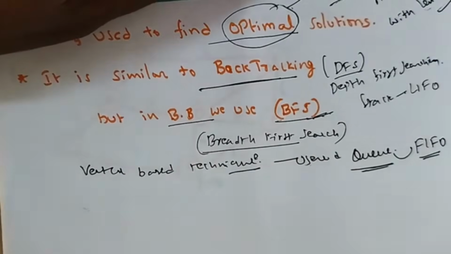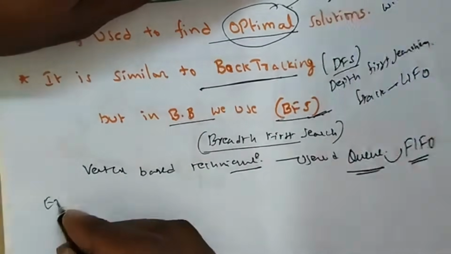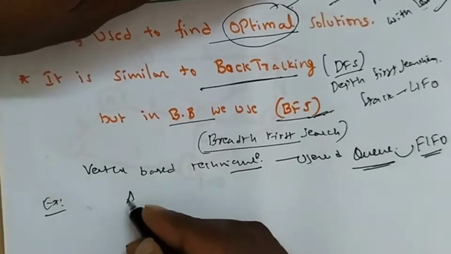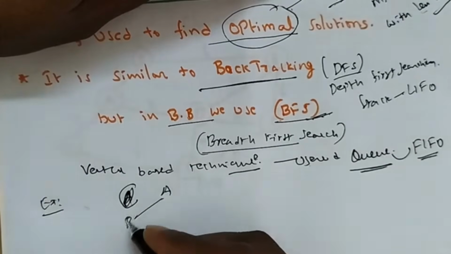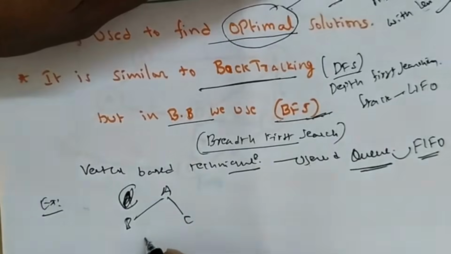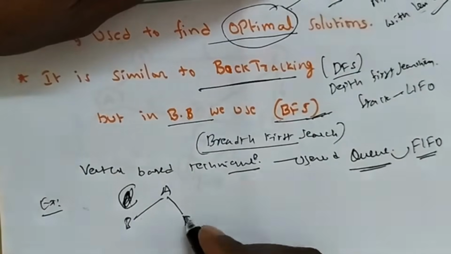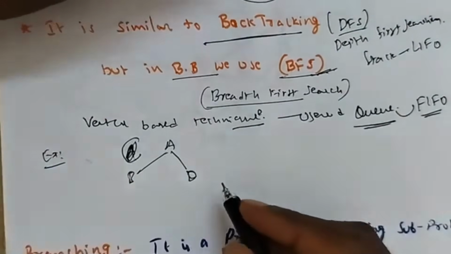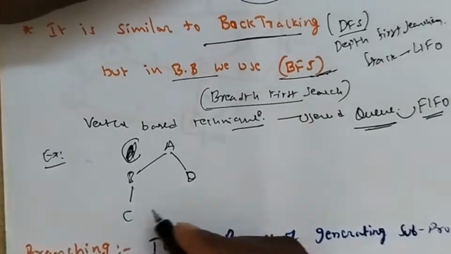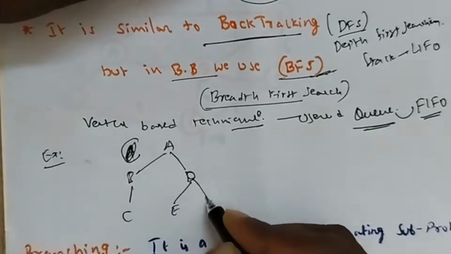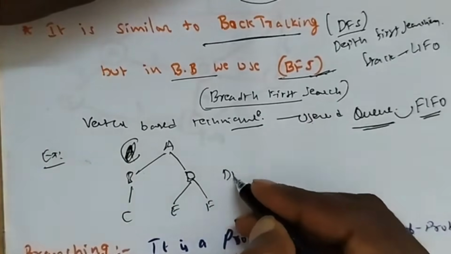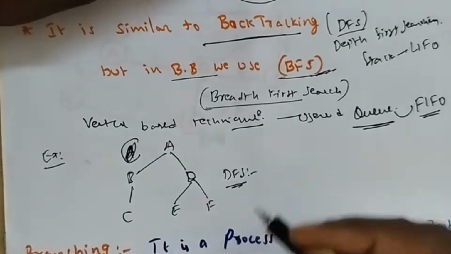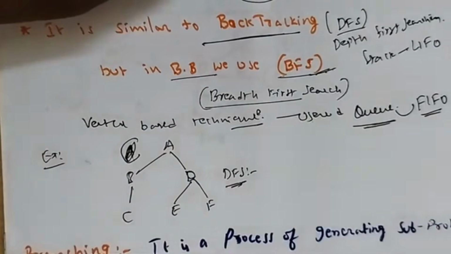I will give an example diagram: A, B, C, D, E, F. If you write DFS for this diagram, it is the depth first search.